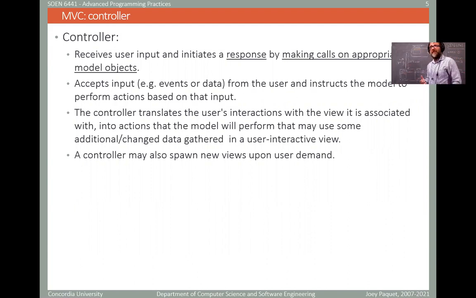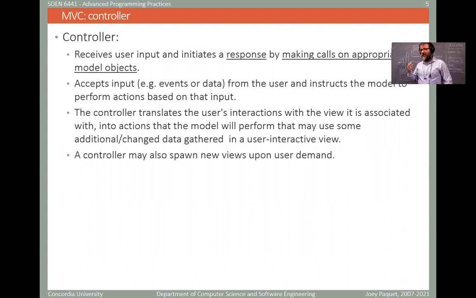Okay. So the controller is essentially there to get information from the user, from the exterior, normally through events, and the user is providing information. In our case, it's going to be commands and command line arguments. And then it's going to translate that into a function call inside of one of the model objects.